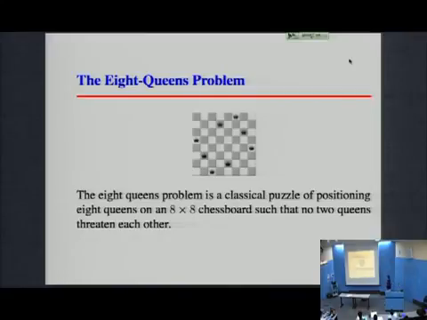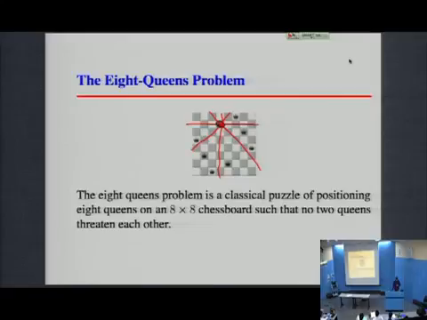A chessboard is an 8 by 8 board. A queen on a chessboard, I don't know how many of you play chess, has the power to walk anywhere in a row, anywhere in a column, or anywhere on a diagonal through it. That is what this queen can move.